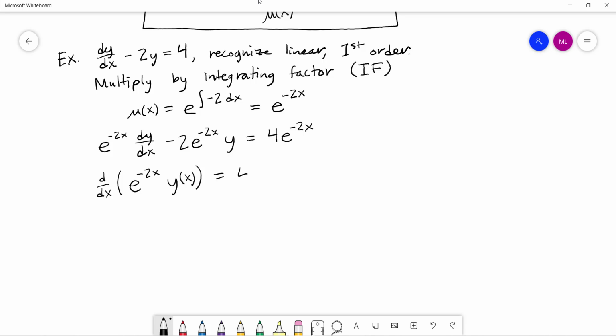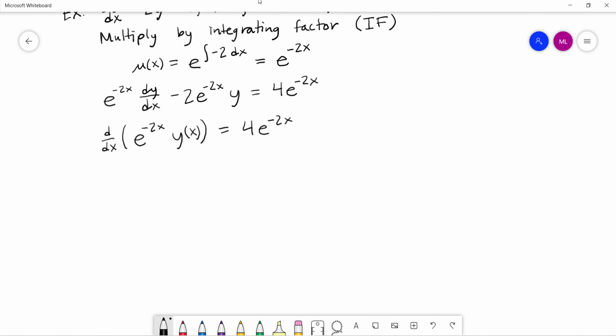And that's equal to 4e to the -2x. So normally we don't need to do this. This isn't a required step, but let's just check and verify that indeed when I take this derivative and we do product rule, I do indeed get back what I have sitting right here. So this is just a verification step that you don't normally have to do, but it's a good sanity check.